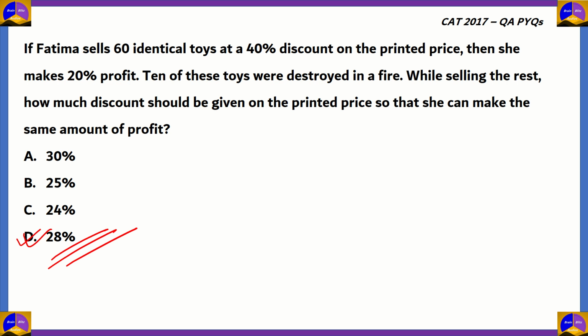After that, once you eliminate the 10 toys that were destroyed during the fire, you can calculate the remaining profit required and selling price, and then distribute it over every toy, and then take it from the original printed price, and then the discount that you get can be divided over the cost price times 100, and you would get 28% as the answer. So option D, 28% is the right answer. The other options turn out to be incorrect.